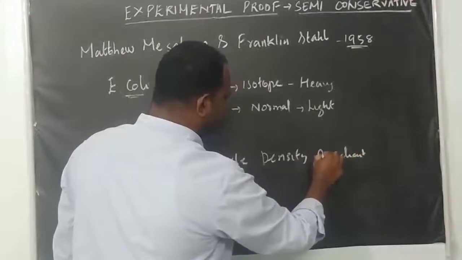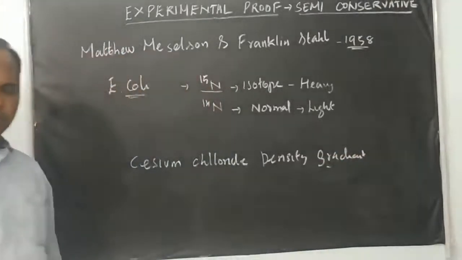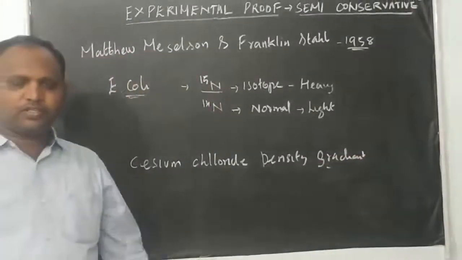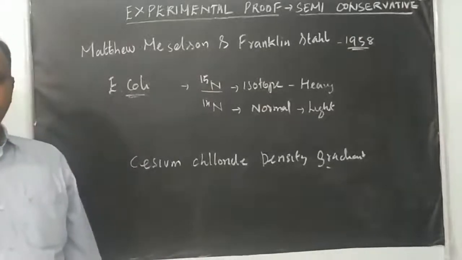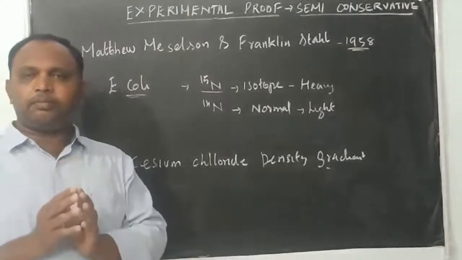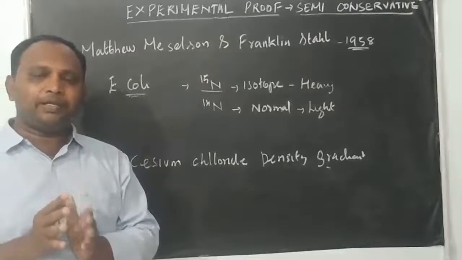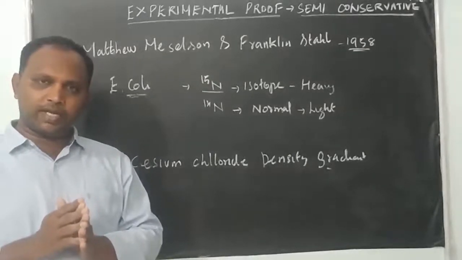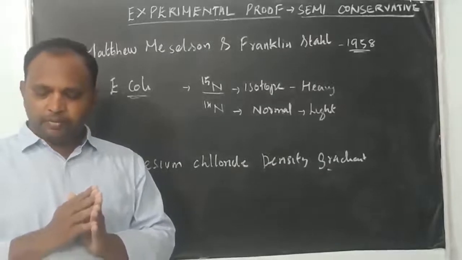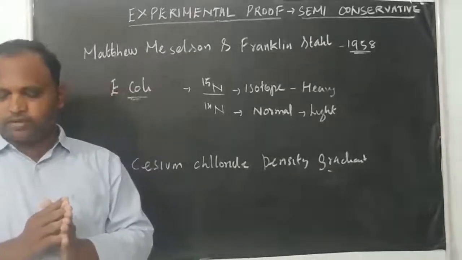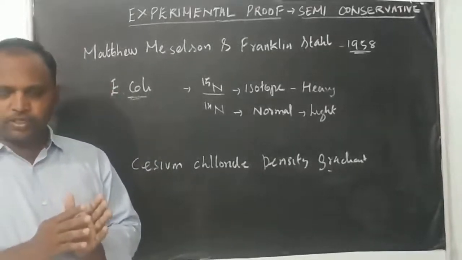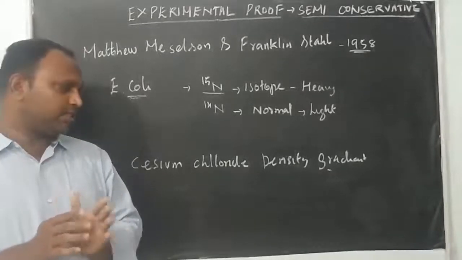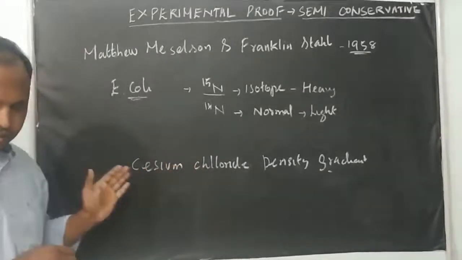Density gradient centrifugation is one of the techniques used to separate molecules or substances based on their size or weight. Cesium chloride density gradient centrifugation uses a dense solution of cesium chloride, CsCl.